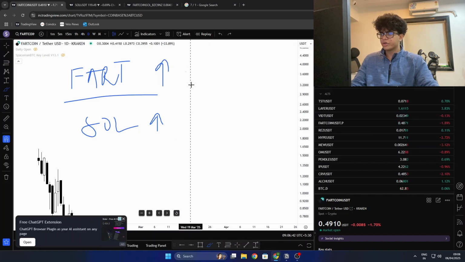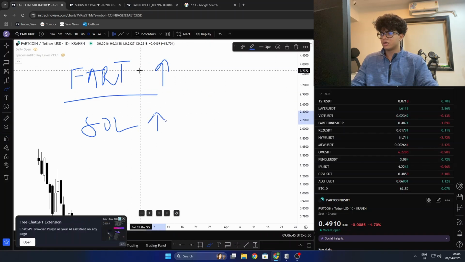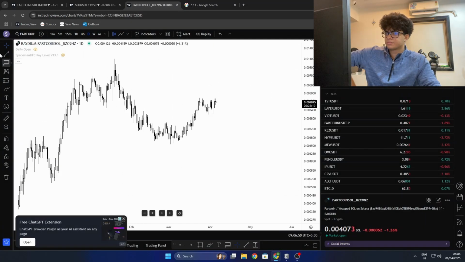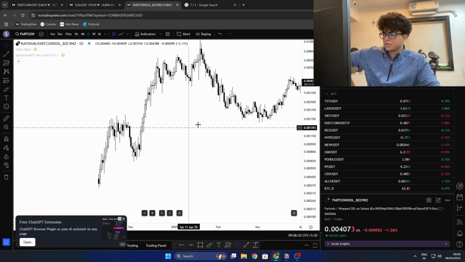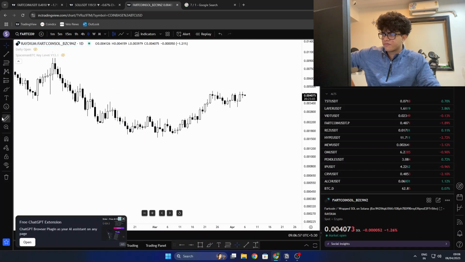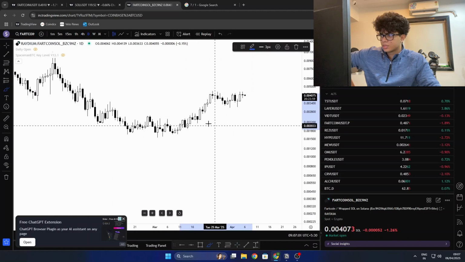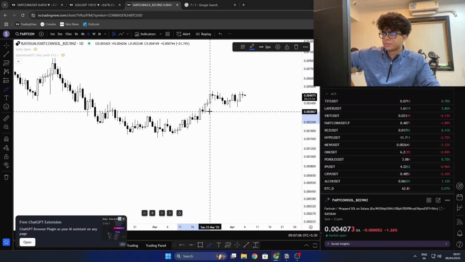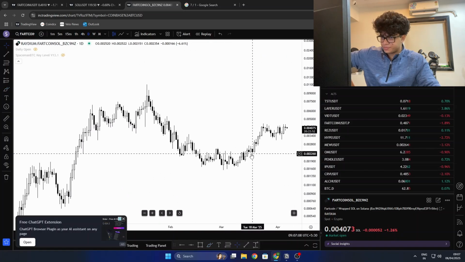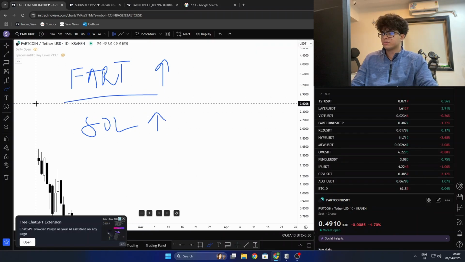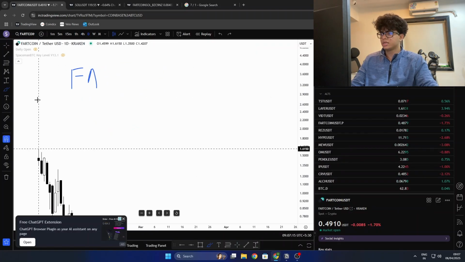So, what do you think the Fatcoin divided by Solana chart will be doing on 11th March? Right, let's see. Here we are, 11th March. Right, of course, it went up. Why it went up is because Fatcoin went up drastically compared to Solana, right? That's the only reason it went up.